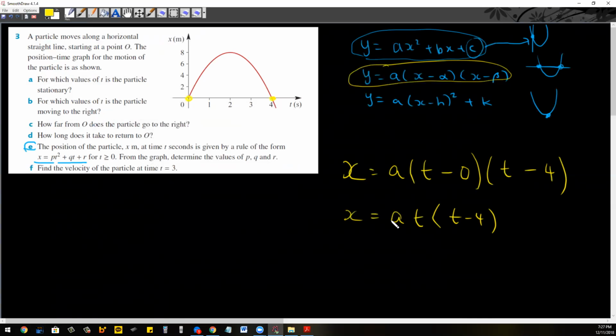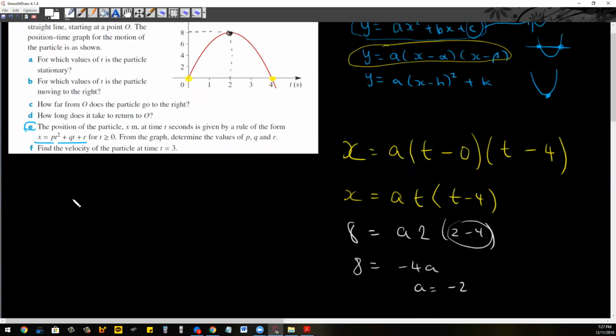To do that, did you figure out the vertex at the top? That's 2 and 8, so it goes through that point. You use that point: a times 2 times (2 minus 4). So 8 equals negative 4a, so a equals minus 2.